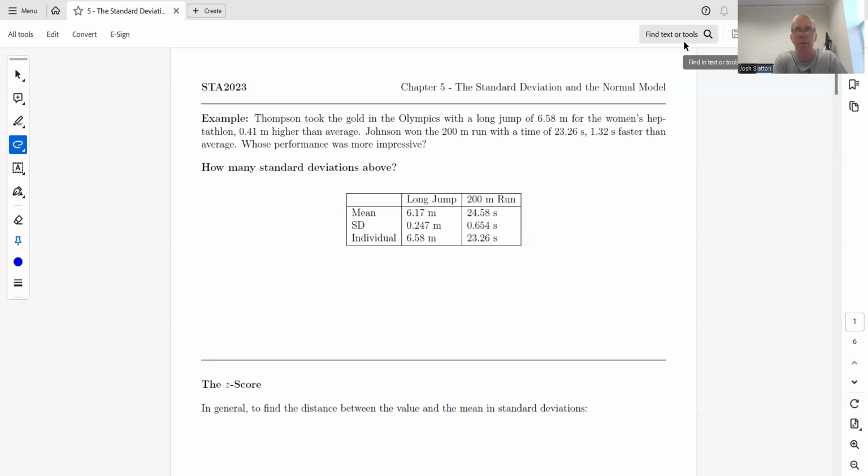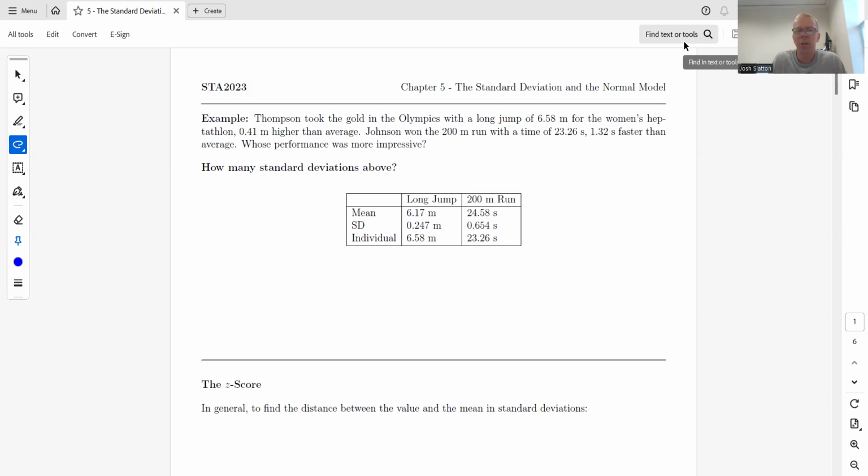And if you're not comfortable with the problems in this chapter, especially at the end, in the general idea that we're working with the normal model, then probably the test 3 material will be harder than it needs to be. So just make sure you're practicing enough to where you're pretty comfortable with this, and then it'll make things a lot easier later on.